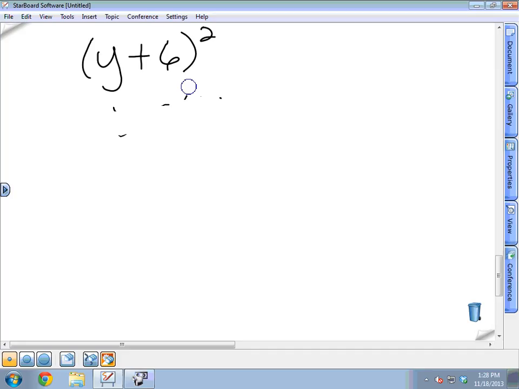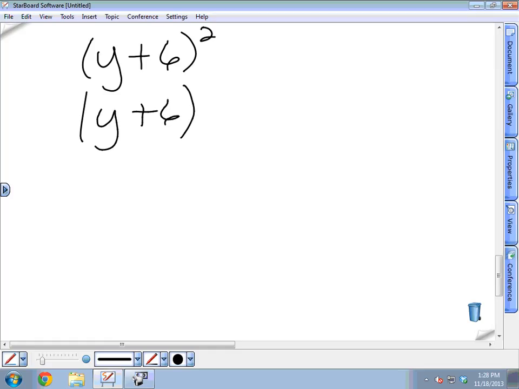But when you square something, you're multiplying it by itself. So if you just write it out, y plus 6 multiplied by y plus 6, then you won't really have much trouble, because it's really just FOIL again. And they give you some special rules on your sheet here to find the answer. And you can memorize those rules if you want. And it tells you there, for example A up above, x plus 2 squared.